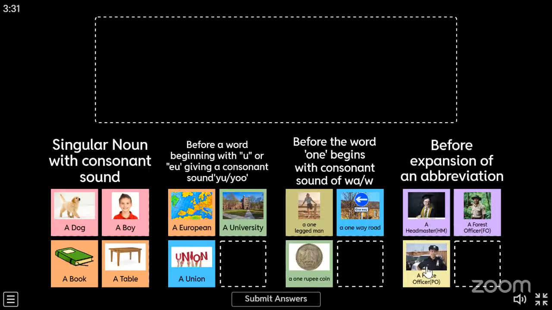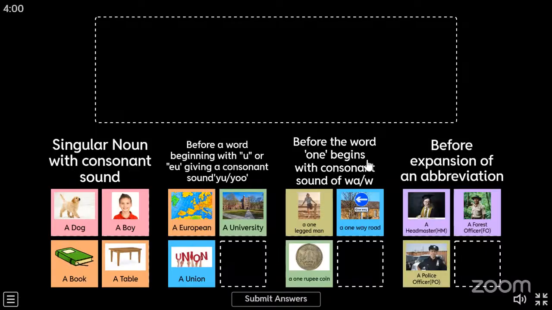So when and where we use this article: singular nouns with consonant sound, you can make note of these headers. Singular noun with consonant sounds, before a word with U or EU giving a consonant sound of YU or YOO, before the word that begins with one, before the expansion of an abbreviation.